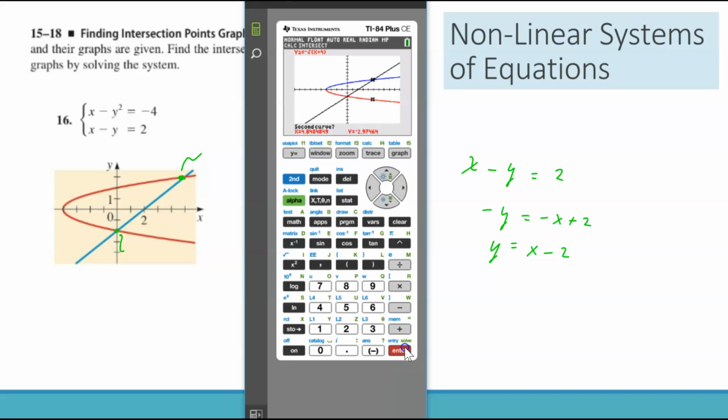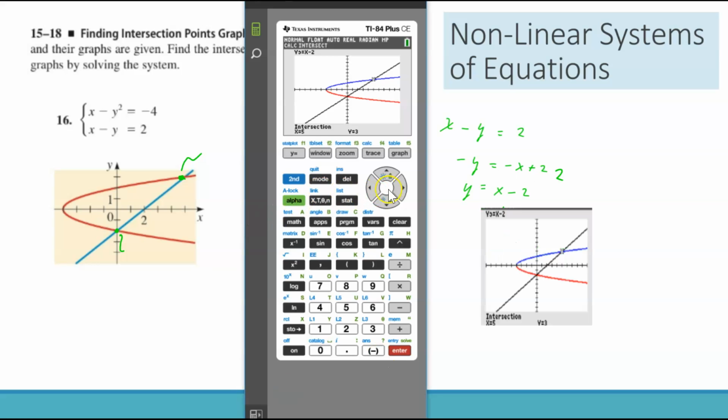When I hit enter, I don't want to be on the negative square root, I want to be on the line. So I'm going to have to press the up arrow a couple of times to get to my line, which is x minus 2. That's my second curve. So I'm going to hit enter, enter, and there's my intersection point.